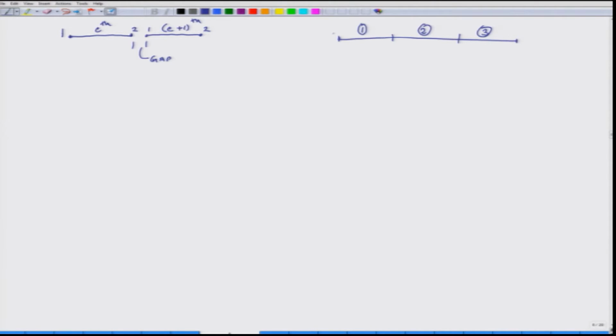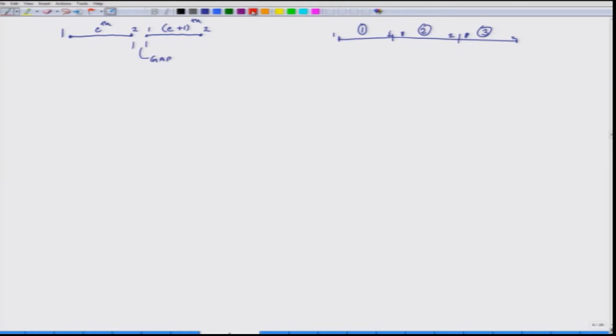The node numbers for the first element are 1 and 2, for the second element 1 and 2, and for the third element 1 and 2. And the gap between this node and this node is 0.